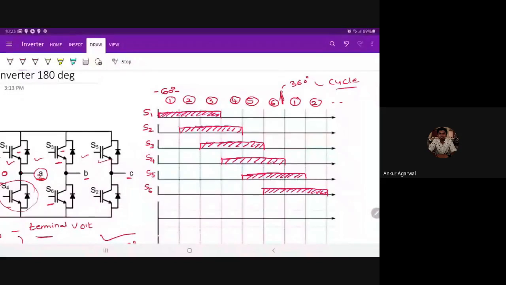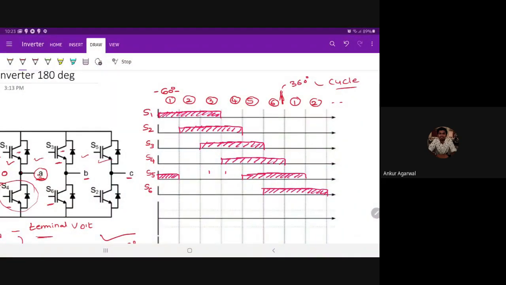It's clear, right? Coming to S5, each device will conduct for 180 degrees, so we have to fill this space. You leave 1, 2, 3, so after a 180-degree interval, it again starts conducting, right?